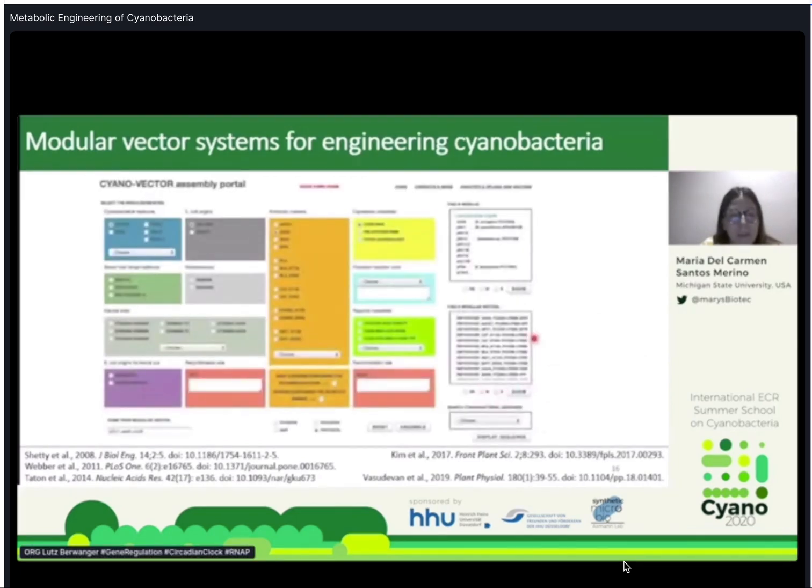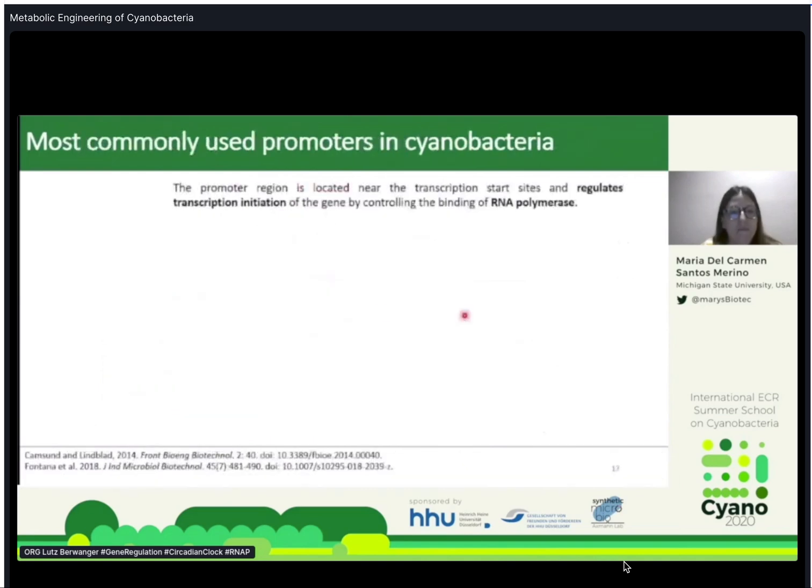In fact, to optimize all these steps, this Cyanobacter system has developed an assembly portal where we can choose the different parts that we want to include in our final vector, such as cyanobacterial replicons, antibiotic markers, promoters, E. coli origin of replication, etc.